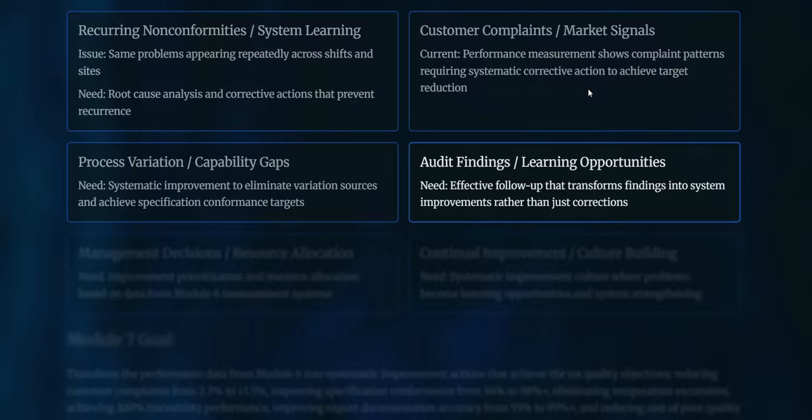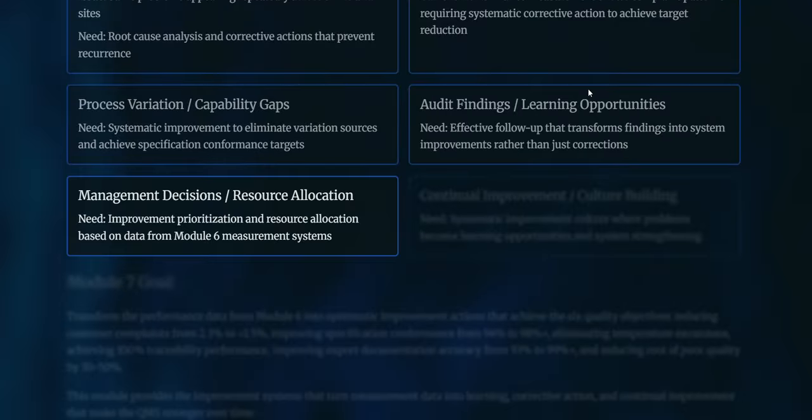What we need is effective follow-up that transforms findings into system improvement rather than just corrections. The fifth challenge is management decisions, which we should be using for resource allocation. What we need is management prioritization and resource allocation based on data from the Module 6 measurement system.